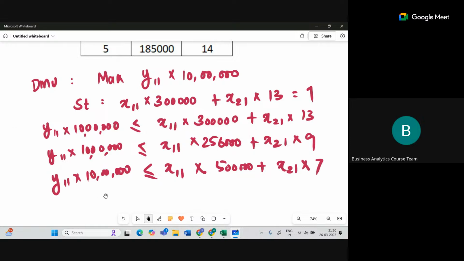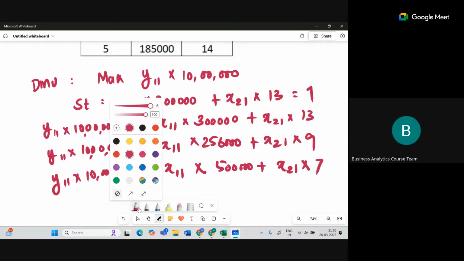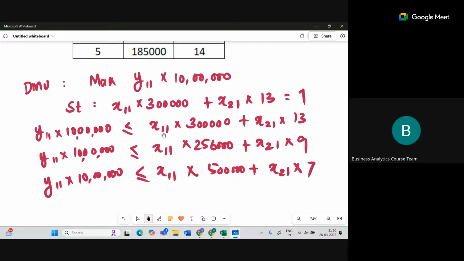So what is happening here? Can somebody say? I gave that cricketing example and said, why are these weights the same? X11, X11 and X21, X21, X21. What are these weights? These are the weights of whom? DMU1, input. Yes. For the weights of DMU1, you are checking the efficiency of other DMUs.